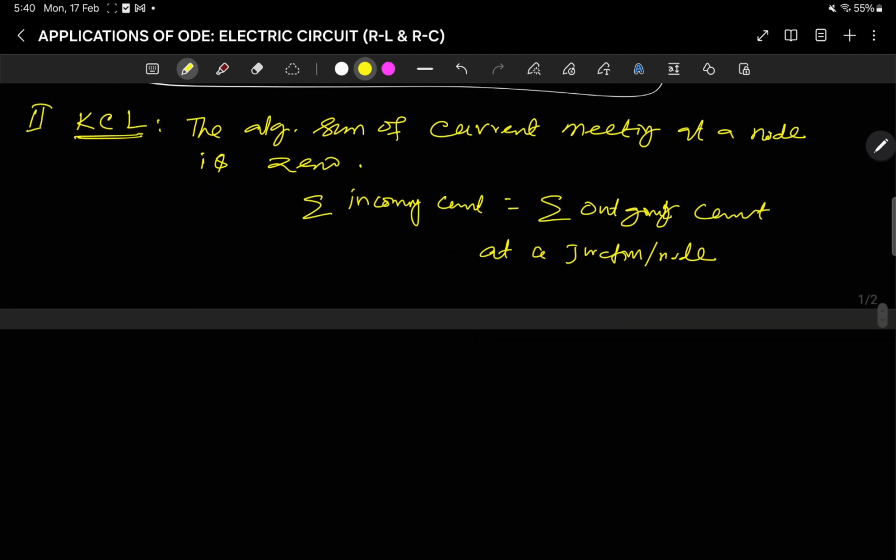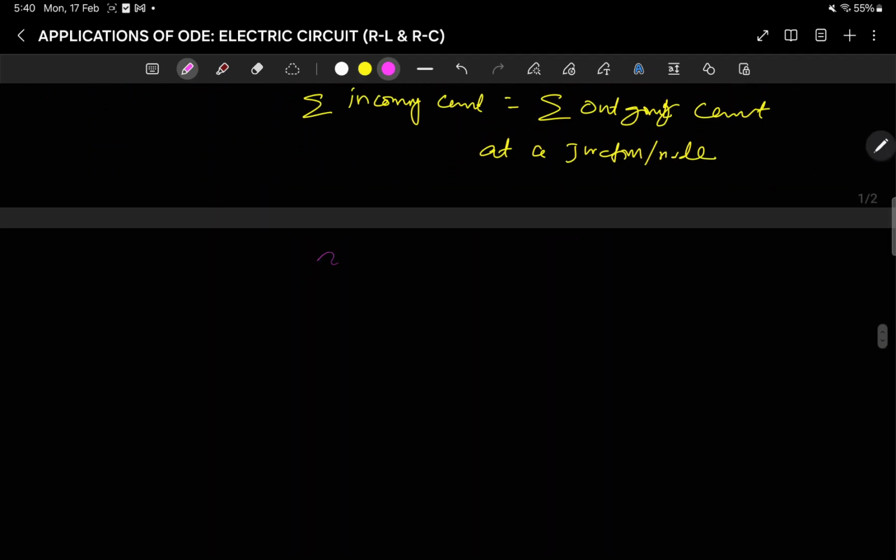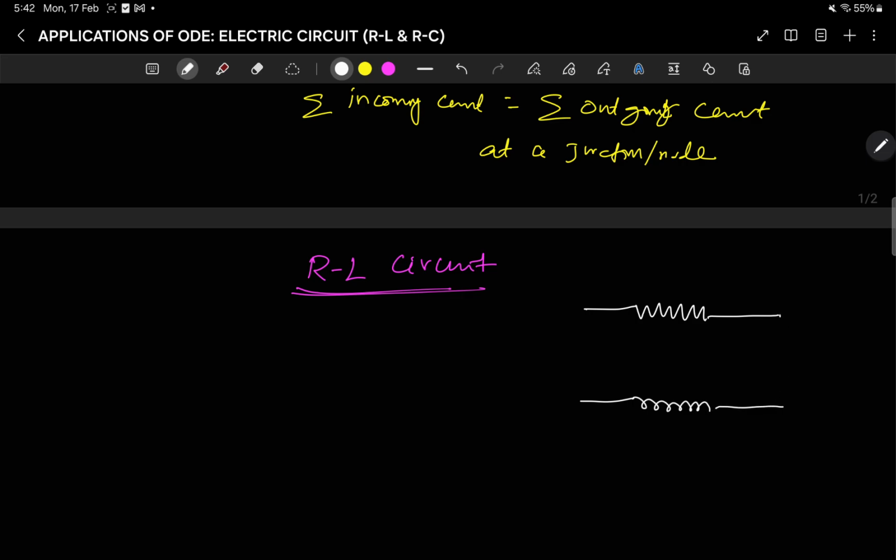Now let us discuss the RL circuit, okay. As I have told you, the RL circuit consists of resistance R, inductance L, a source and a key.